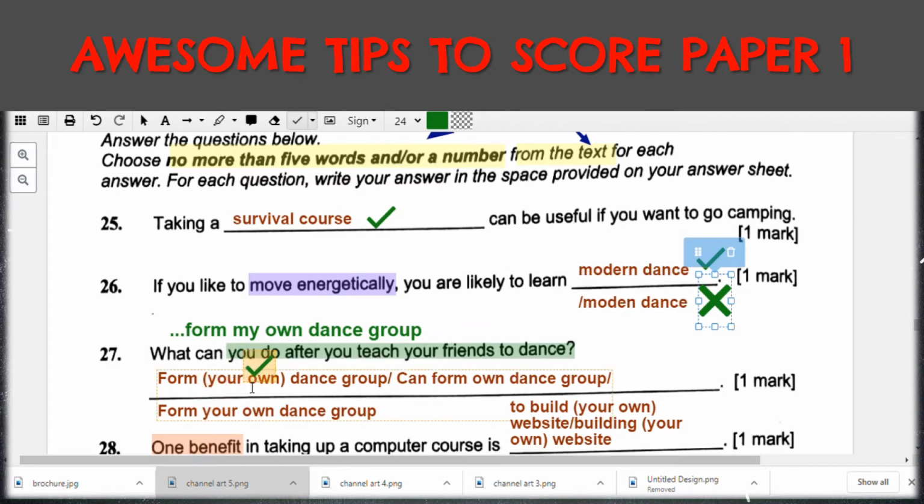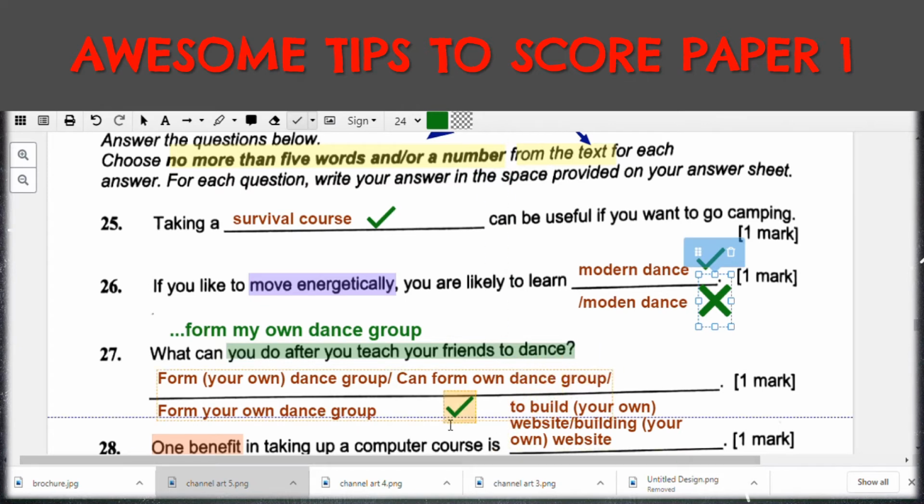If I put a bracket here, it means it's optional. If your answer is form dance group, can. It's only 1, 2, 3. So can this answer be accepted? Can form own dance group. What can you do? Can form own dance group. How many words? 1, 2, 3, 4, 5.